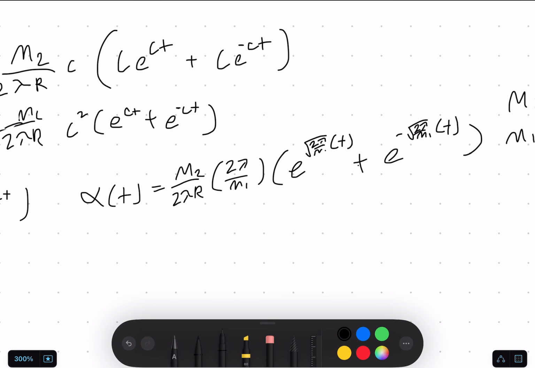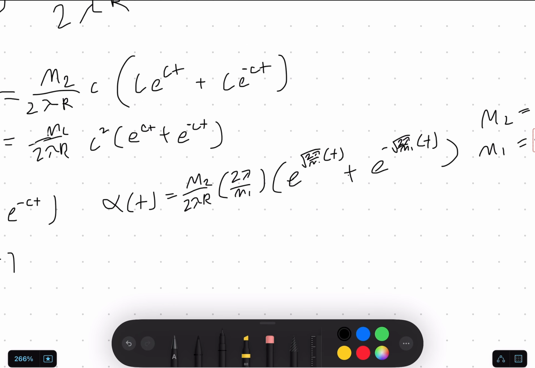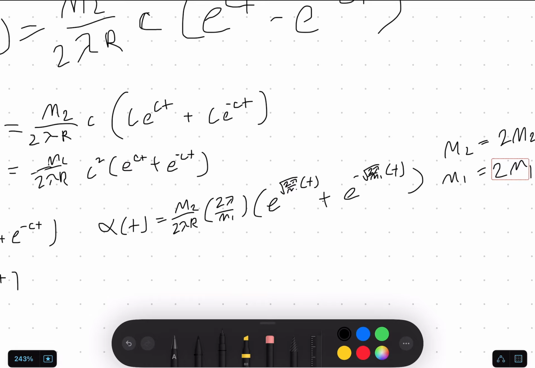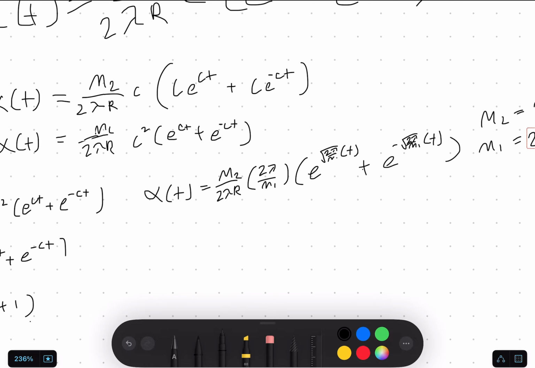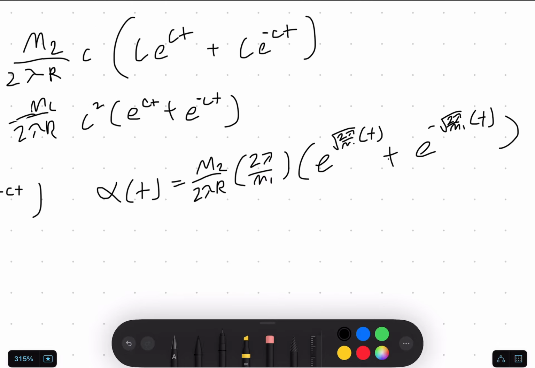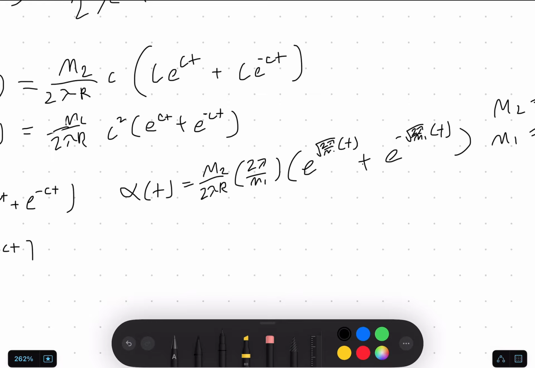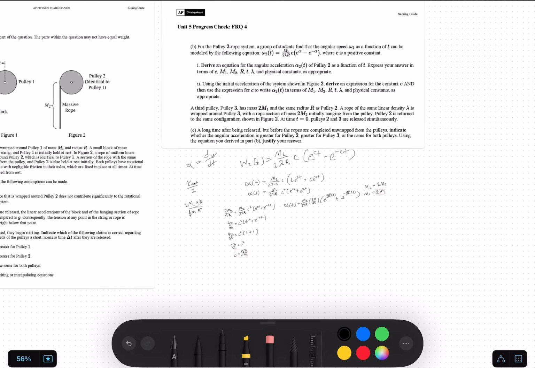If you look at this equation, since M1 is in the denominator in our angular acceleration function, it would result in a much lower angular acceleration for pulley 3 than that of pulley 2.